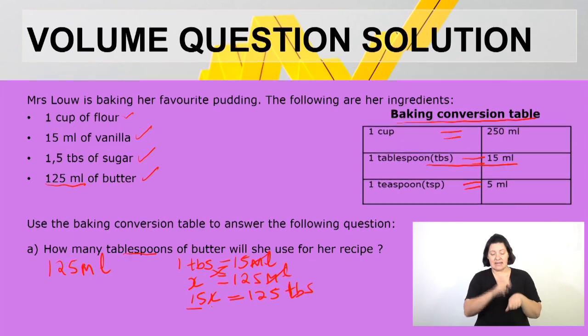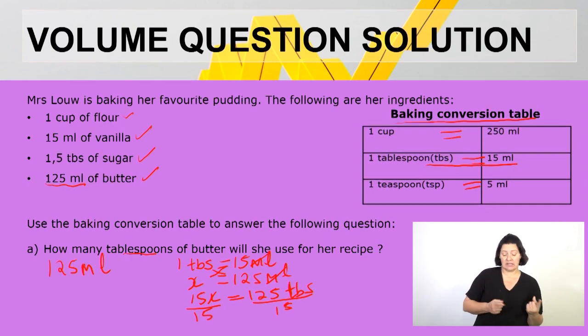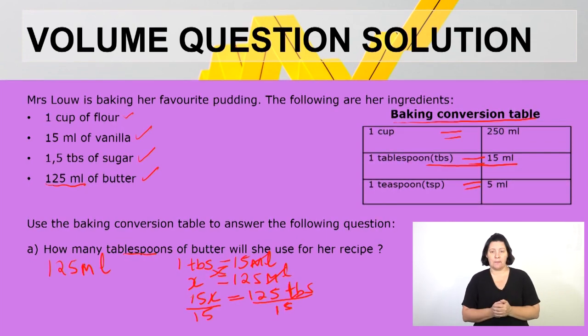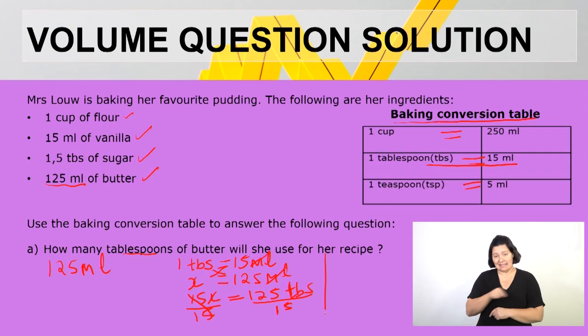We need x alone. We will then divide both sides by 15. Observe the rule. What you do on the left-hand side, you also do on the right-hand side. These two will cancel one another. So this side, we are left with x.